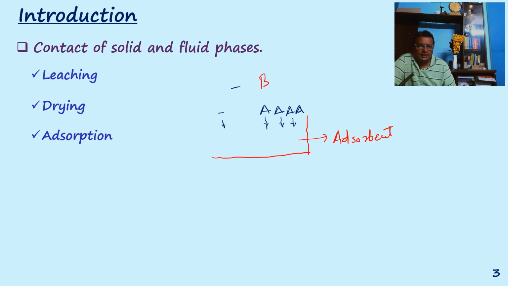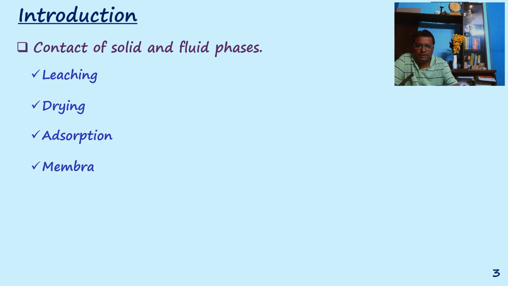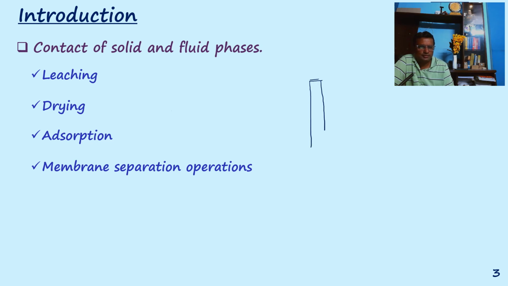Then another example where you have contact of solid and fluid phases, you have various membrane separation operations. So membrane separation operations, you know the principle of those operations. So you have a membrane that is made up of a variety of materials.